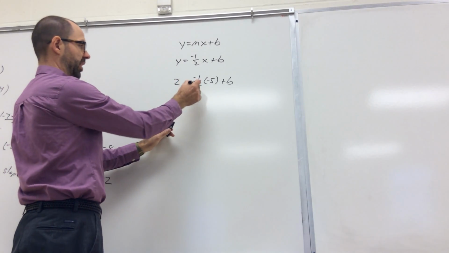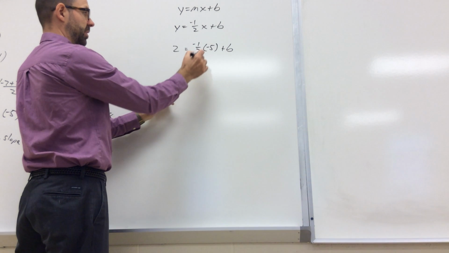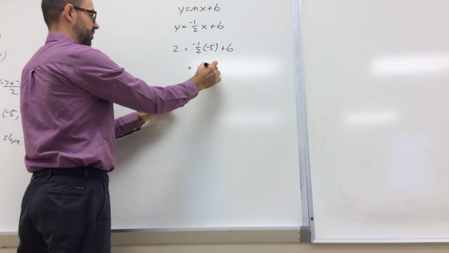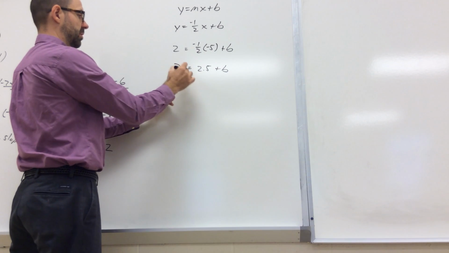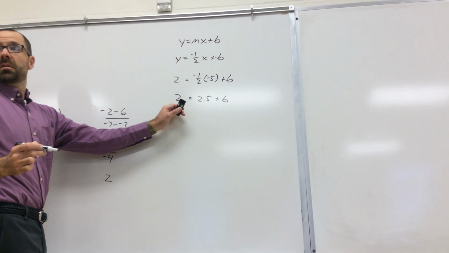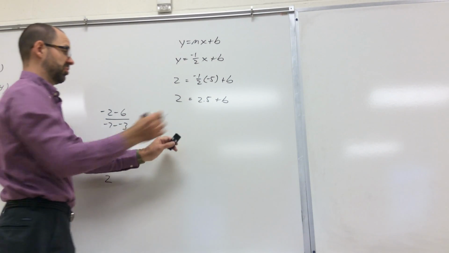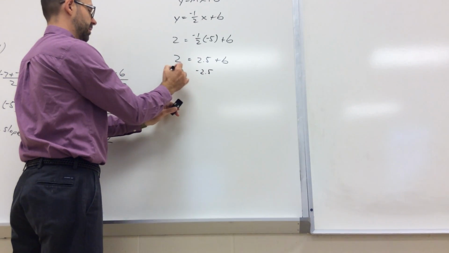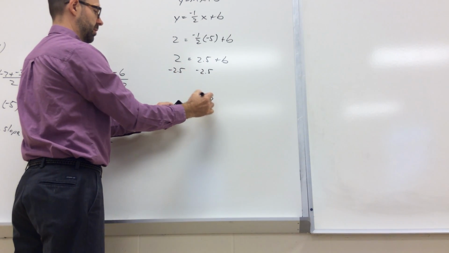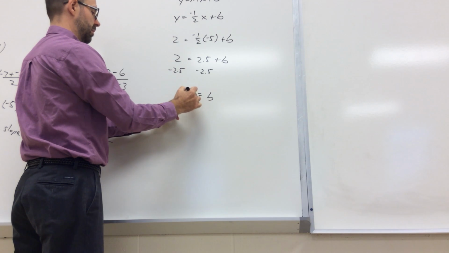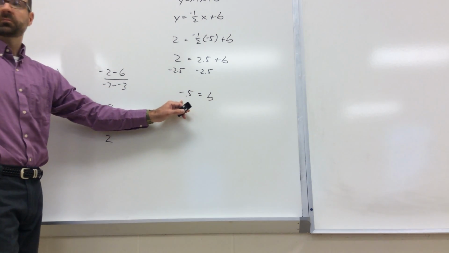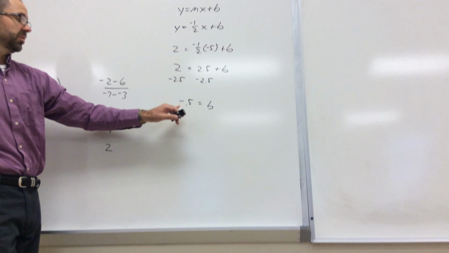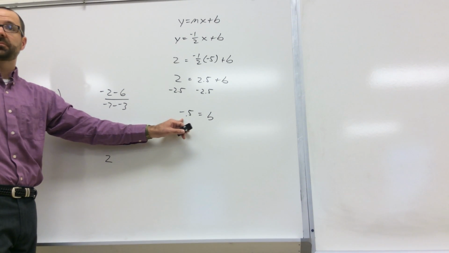So now I can figure that out. Negative 1/2 times negative 5 is 2.5. And then you subtract 2.5 on both sides. Two minus 2.5 is negative 0.5.